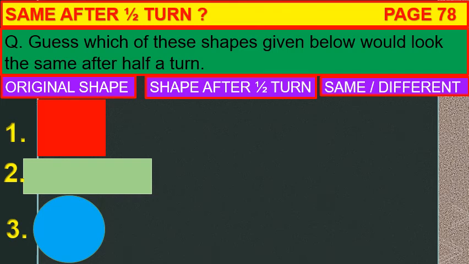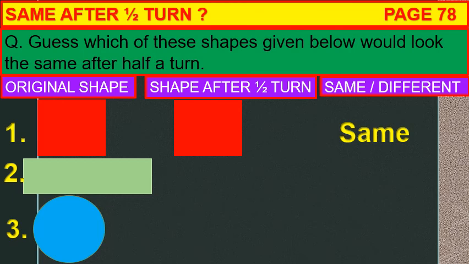First one, this is a square, a four-sided figure. See how a square looks after a half turn. The original shape and the shape formed after a half turn are the same.